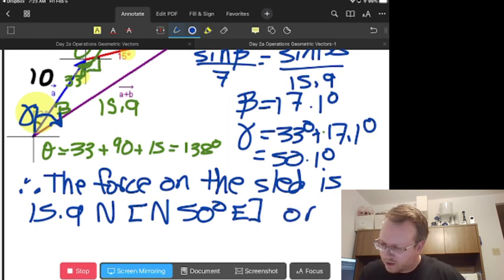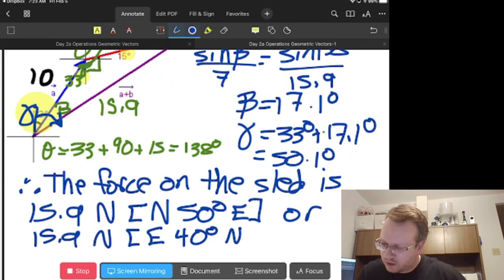Or we could state it the other way, 15.9 newtons east, 40 degrees north. Same thing, it just depends where we're measuring from.